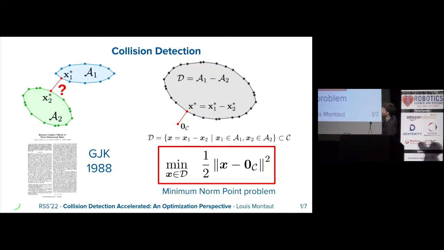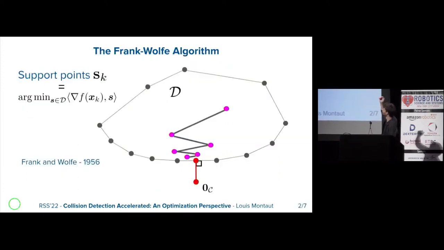We argue that in order to better understand it and to accelerate it, we must view the problem through the lens of mathematical optimization. At its core, as explained by the authors of GJK, the GJK algorithm is an instance of the Frank-Wolfe algorithm, which was designed in 1956 and is one of the oldest and most studied methods for convex constrained optimization.